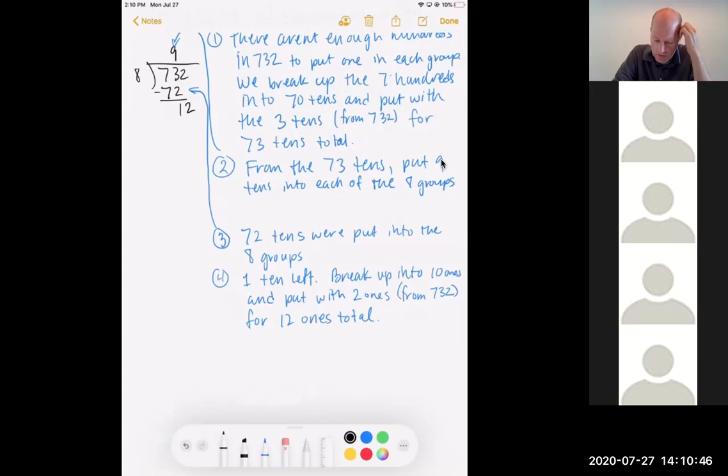What we need to do is focus on place value so that the students know what that means. Okay? So I'm taking my 10, breaking it up into 10 ones and putting it with 2 ones. So I have 12 ones total.